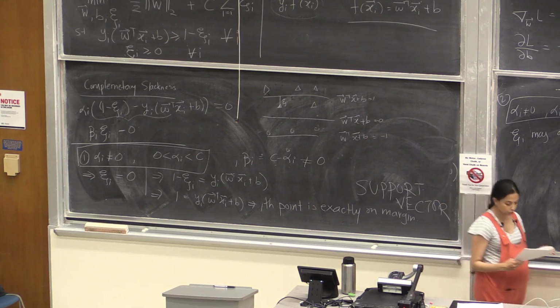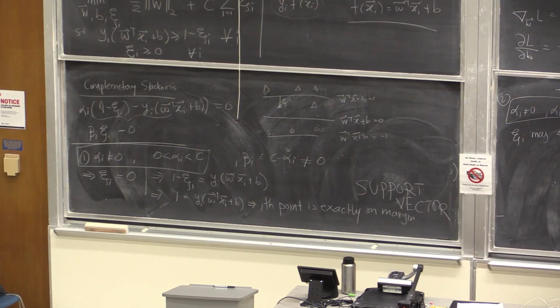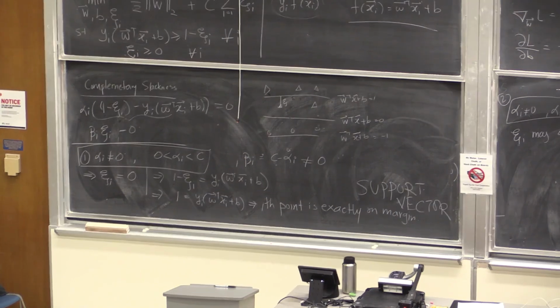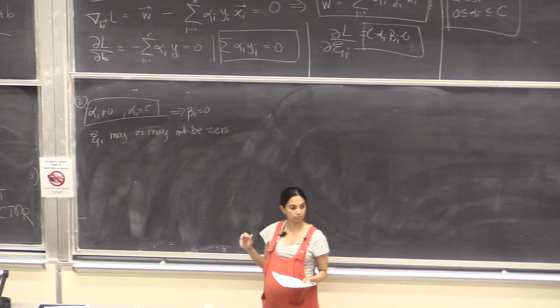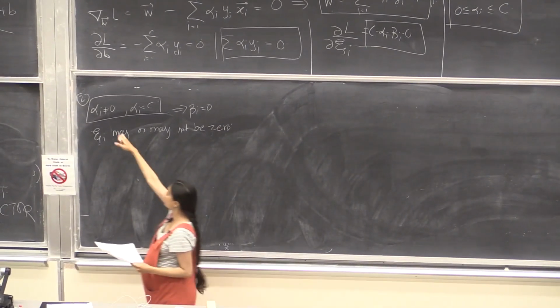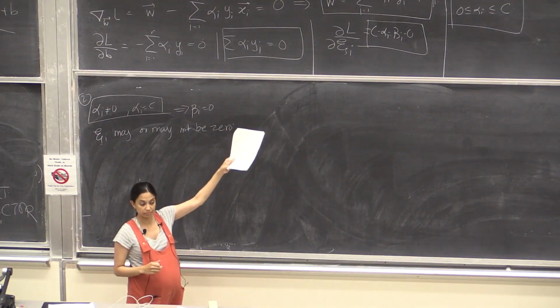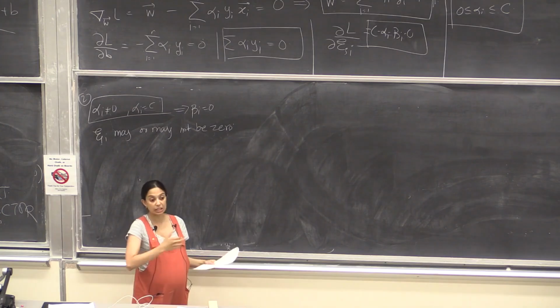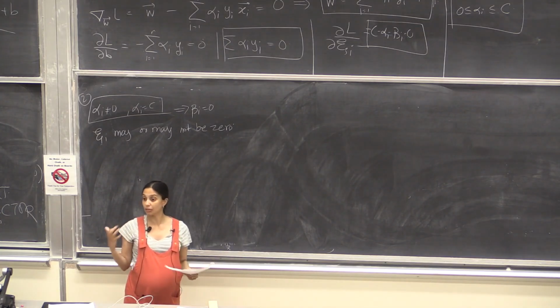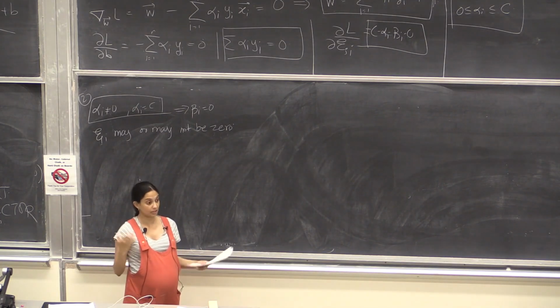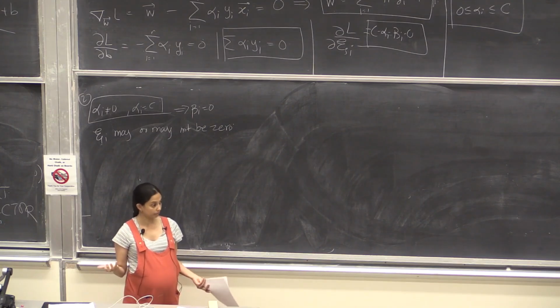Okay? So basically, we don't really know much about what to do with these psi i's. Maybe it's on the margin, maybe it's violating. We don't know. This alpha I not equal to 0 means that it still does matter. Right? And so these are still points. Basically, anytime your alpha I is not equal to 0, that's a point that matters. That's something that you're going to count as a support vector.